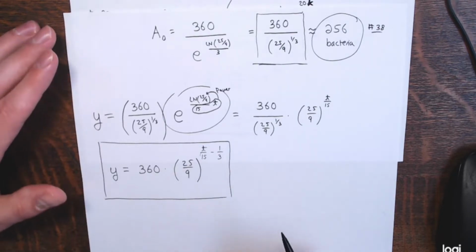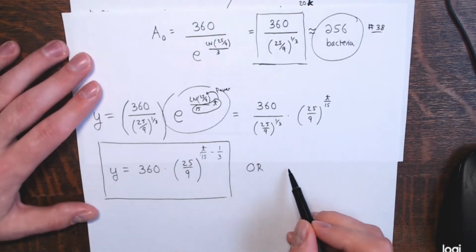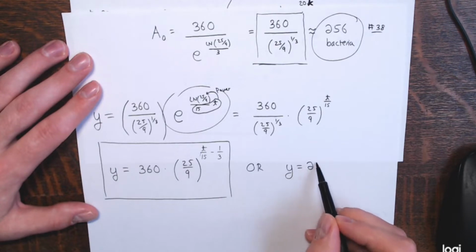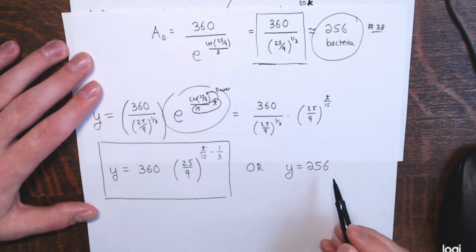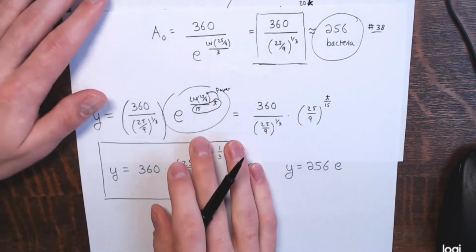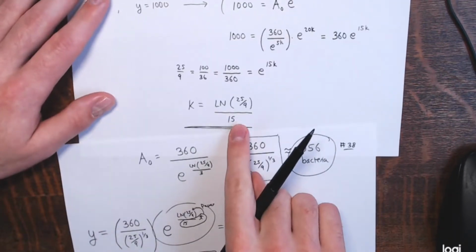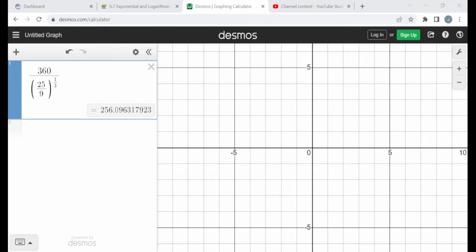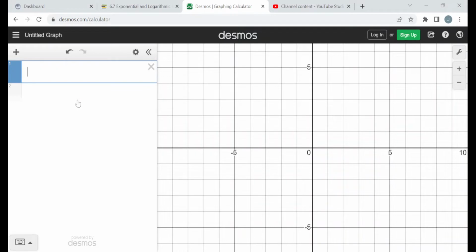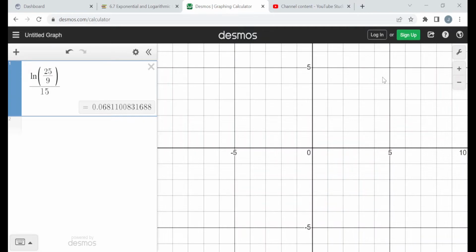Now again, you could also use y equals 256, the approximate initial amount from the answer to number 38, times e to the kt power, and we can approximate this value of k here. I'll go to like 4 or 5 decimal places. It was the natural log of 25 ninths divided by 15, so 0.06811.